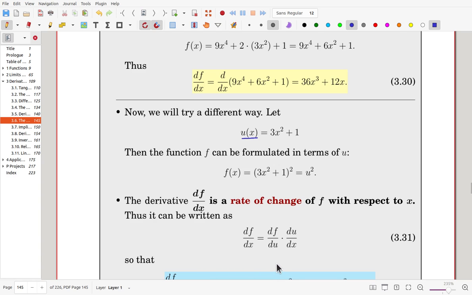Then we may introduce another fraction so that the multiplication of those fractions will be the same as the original one. Or you may think in this way. This is a ratio, a rate of change ratio.